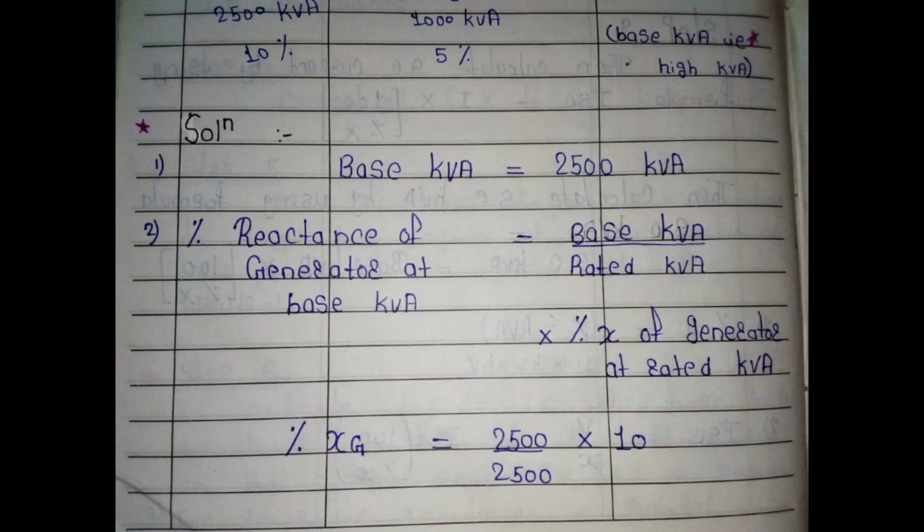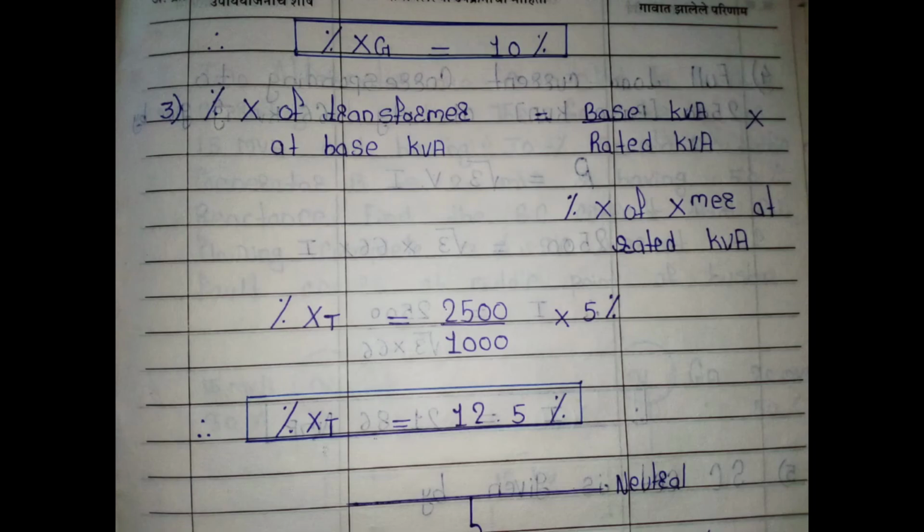So it is 2500 upon 2500 multiplied by 10. The 2500 cancels and our answer is 10%. So the percentage reactance of generator at base kVA is 10%.